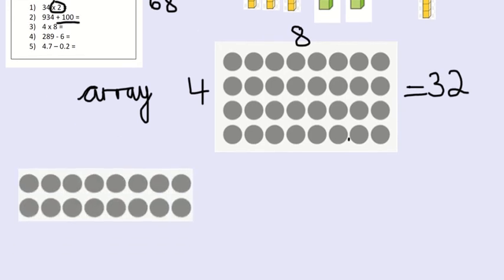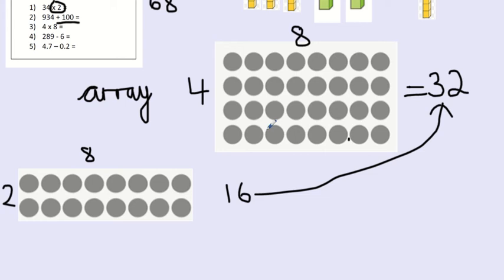Some of you might already feel confident in knowing that 2 lots of 8 is 16. And if I double 16, I will get 32. Okay, so question 3, the answer is 32.